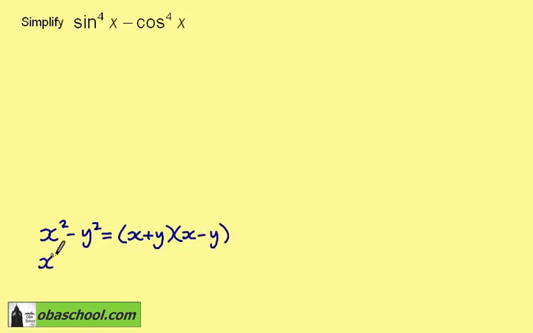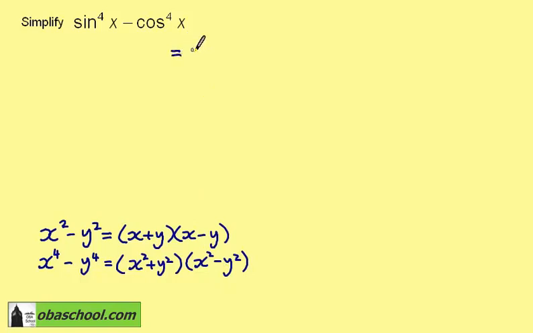It follows that x to the 4 minus y to the 4, which is essentially (x squared) squared take away (y squared) squared, could be factorized to (x squared plus y squared) times (x squared minus y squared).